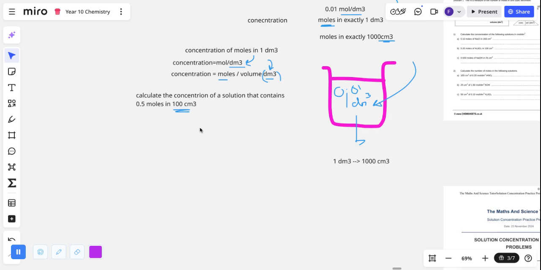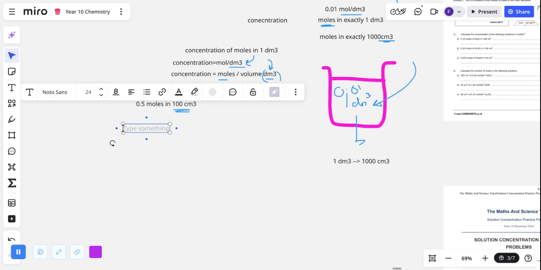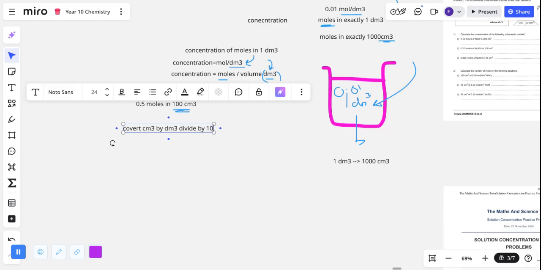Now, so, 0.5 moles in 100 cm cubed. Convert it. To convert cm cubed to dm cubed, you divide by 1000.